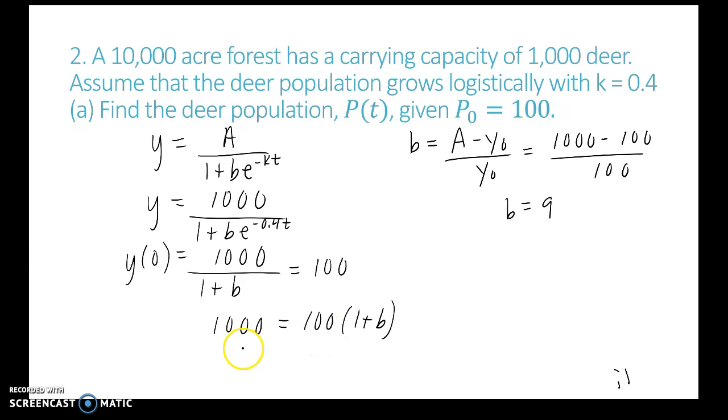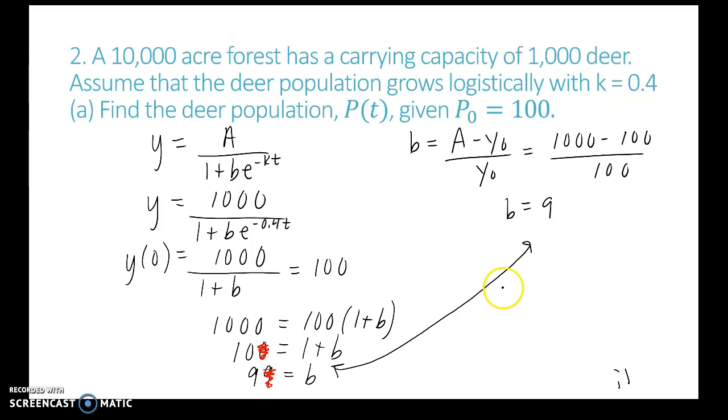Dividing by 100 gives me 100 equals 1 plus B. Oh, no, I don't get the same value. I made a mistake: 1,000 divided by 100 is 10. 10 minus 1 is 9. I'm lazy and I don't want to redo the whole video, but now I get the same value for B.